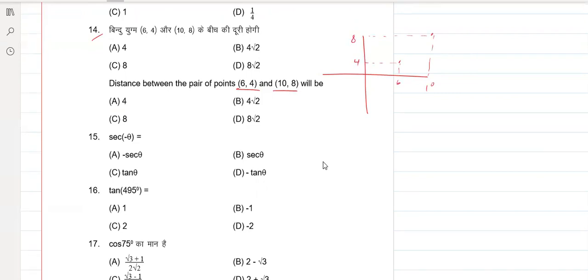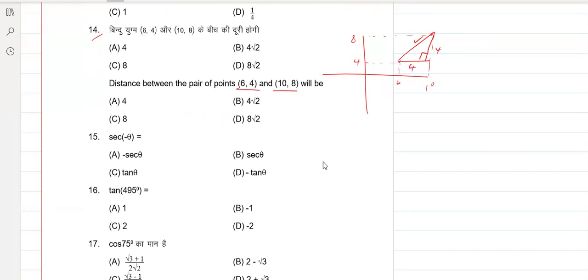So guys, we are finding the distance between these 2 points. Very simple. It even forms a triangle. So you can see the distance from 6 to 10 is 4, and the distance from 4 to 8 is 4.